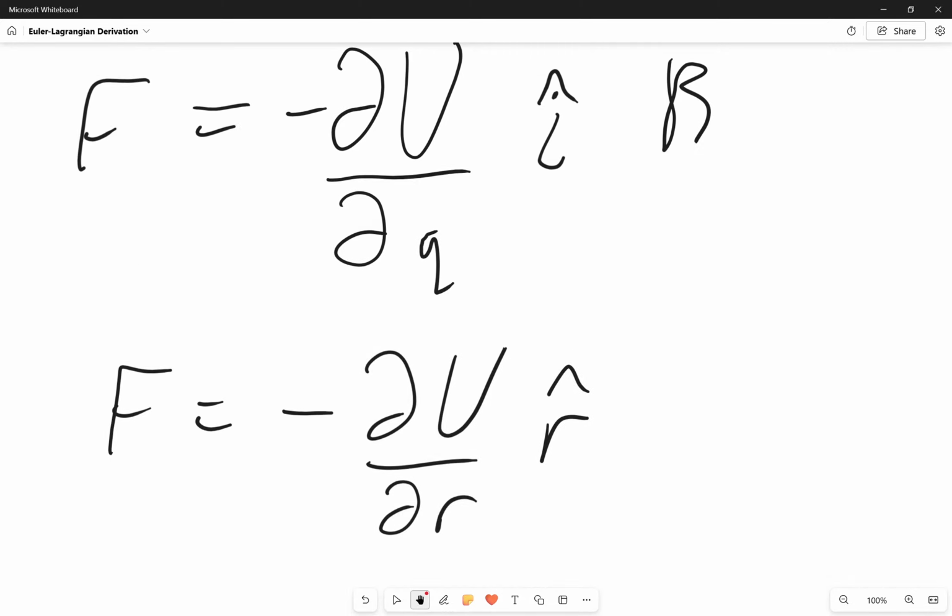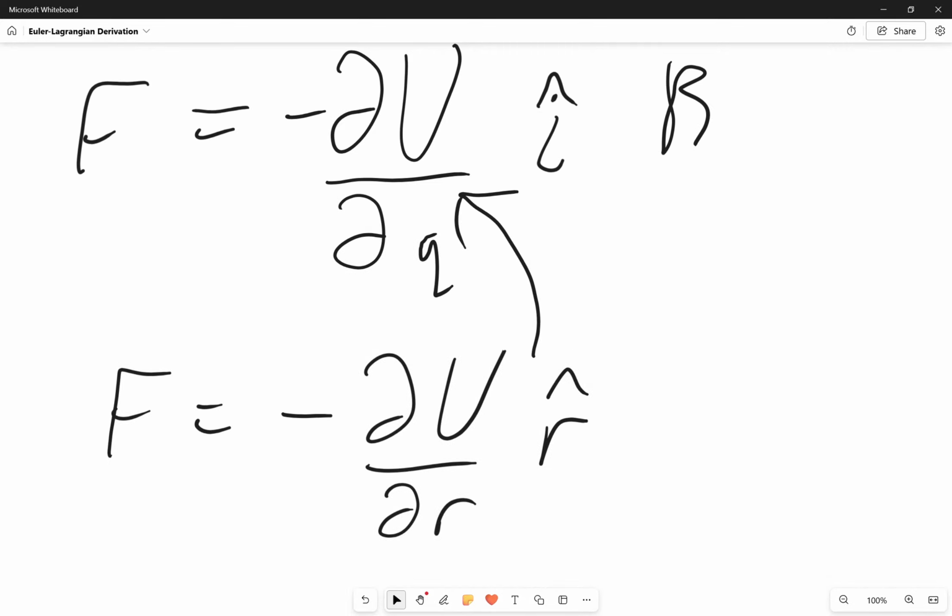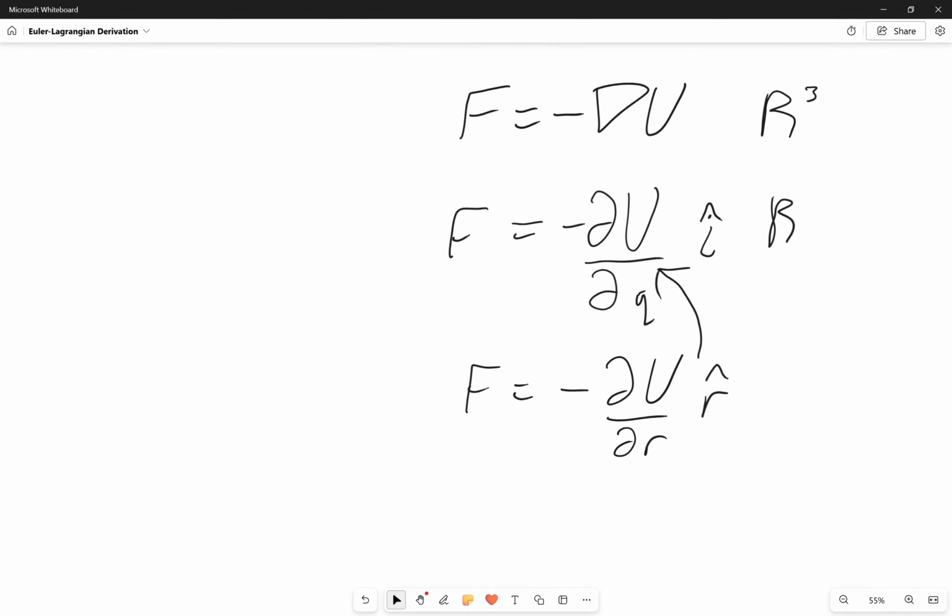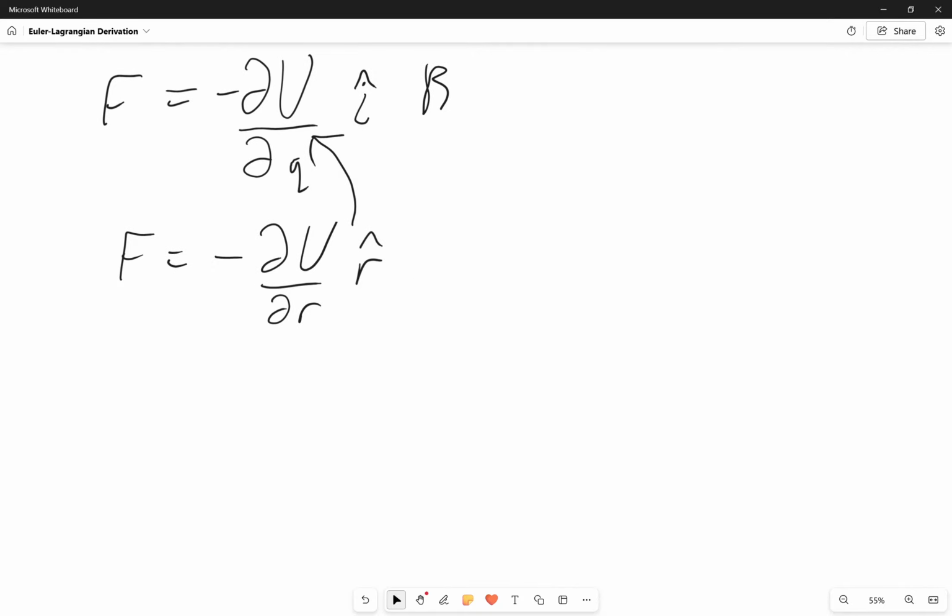It's the same setup. So representing the Lagrangian, you have the partial derivative of the Lagrangian with respect to q. And that's it.